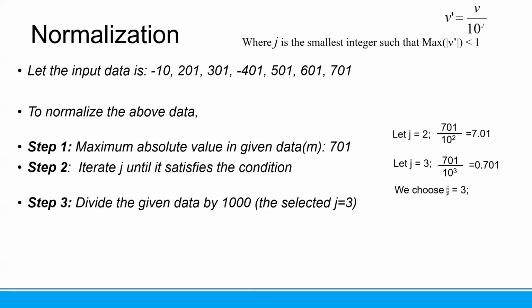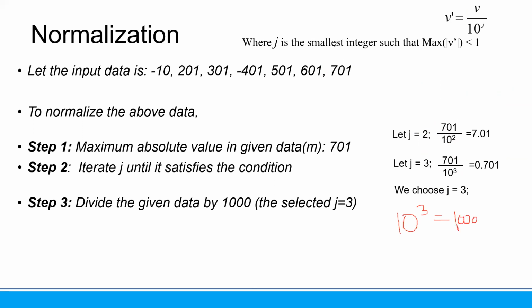After this, we choose j equals 3 and we divide all the data by 1000. Why? Because j equals 3, so 10 exponent 3 means 1000.